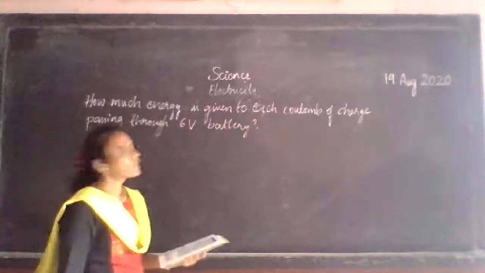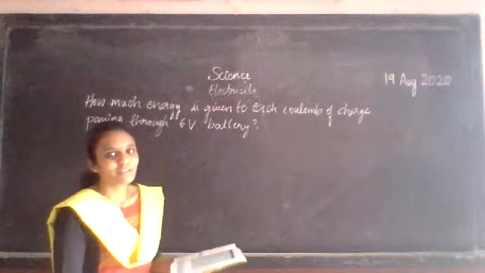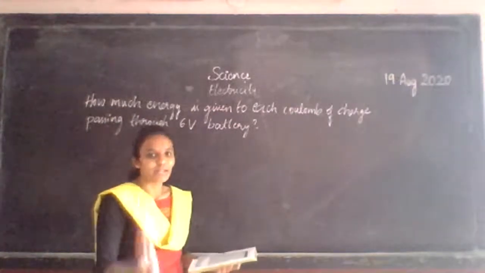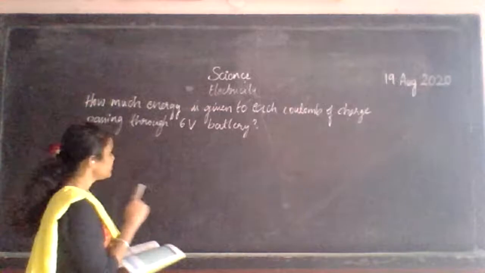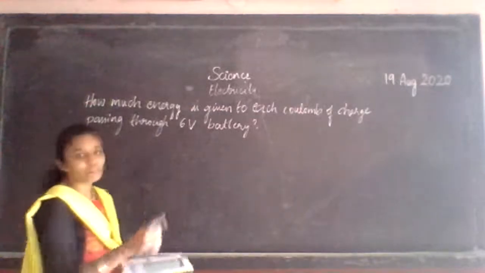Okay, so they're asking you to find out the energy that will be given to each coulomb, that is 1 coulomb of charge when it is passing through a 6-volt battery.